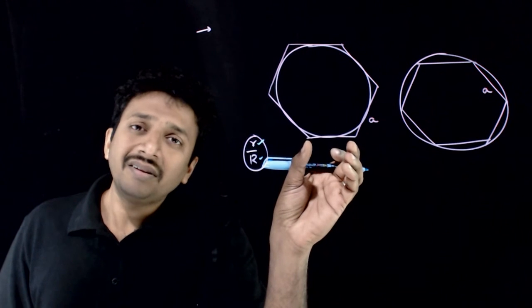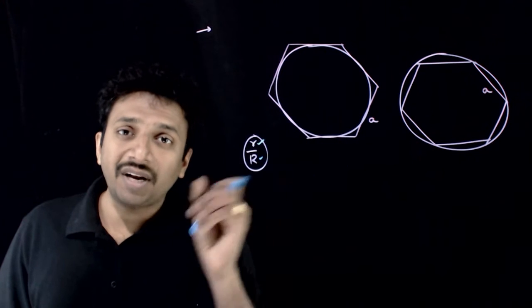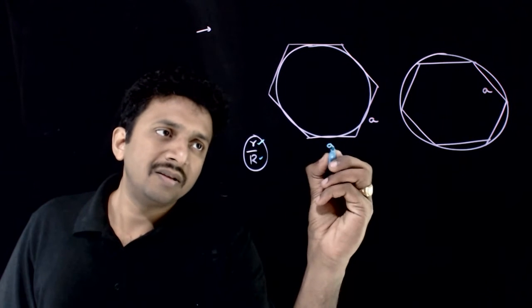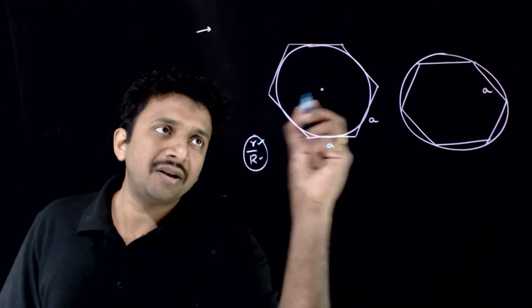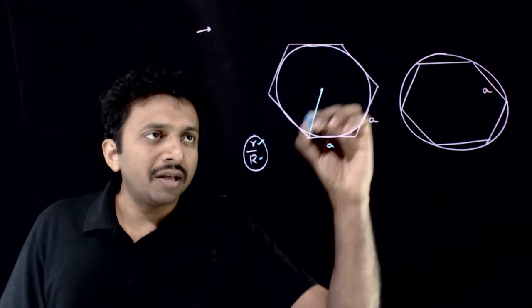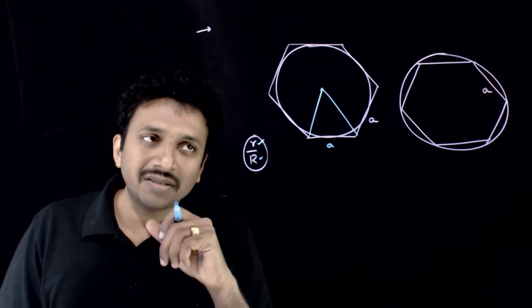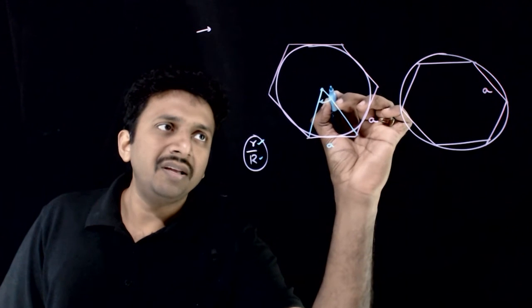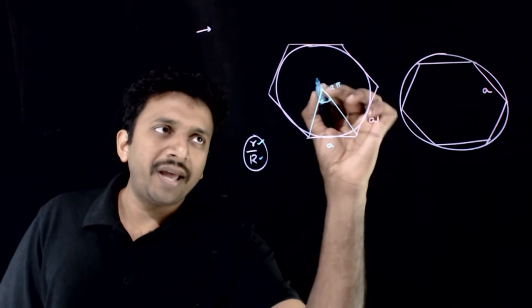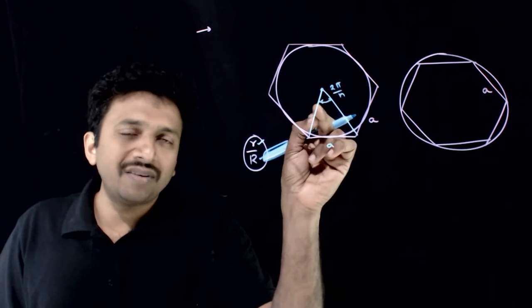So first, the length of the side of the regular polygon is a, and let us say that you have n sides. If you join the center of the polygon with adjacent vertices, this angle will be 2 pi by n, because the total angle 2 pi is divided into n parts.